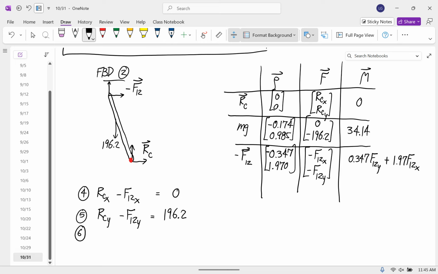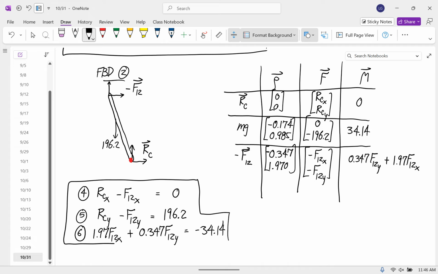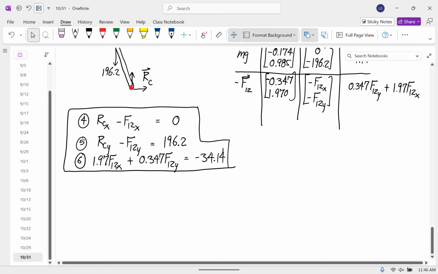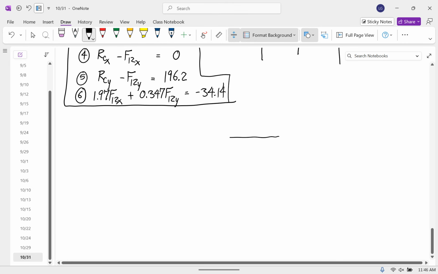Equation 6 says 1.97 F12X plus 0.347 F12Y is equal to negative 34.14. Again, this is 6 equations for 6 variables.